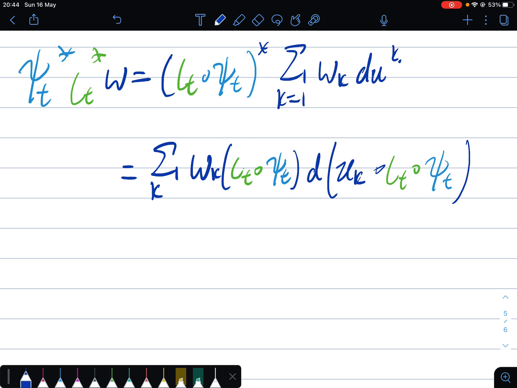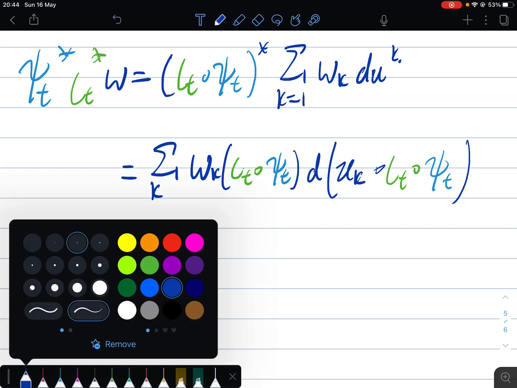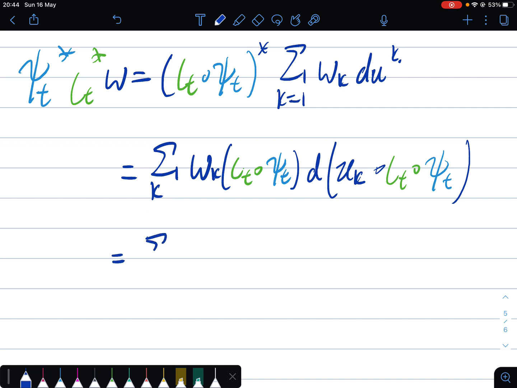And then it will form the following things.